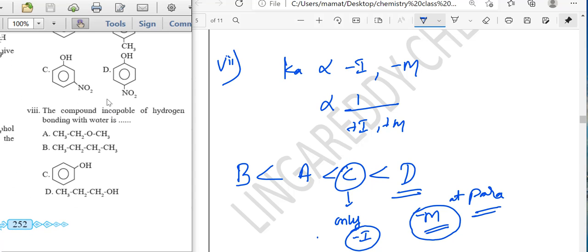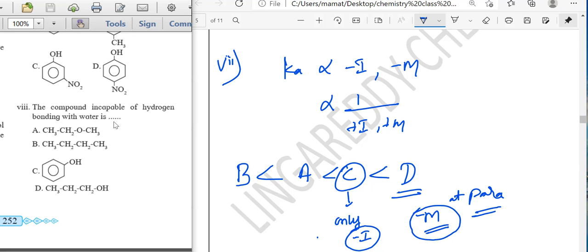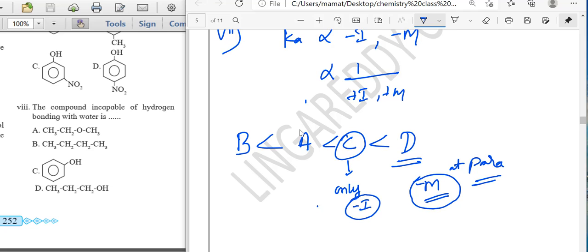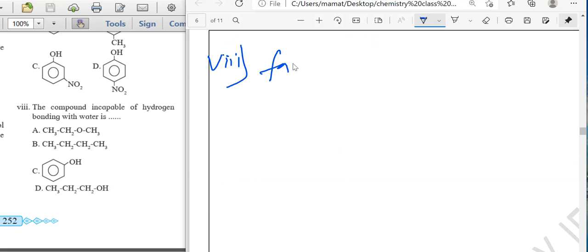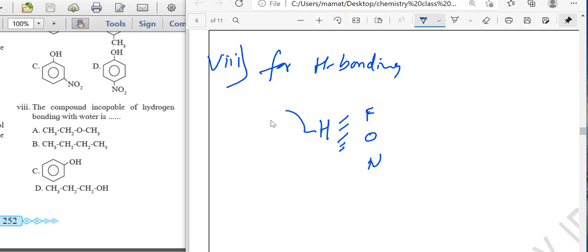Next, question number 8. The compound incapable of hydrogen bonding with water is, see, hydrogen bonding. For hydrogen bonding conditions you have to know that one side is hydrogen, the other side is fluorine, oxygen or nitrogen. The second condition is the hydrogen should be connected with any one of these elements.